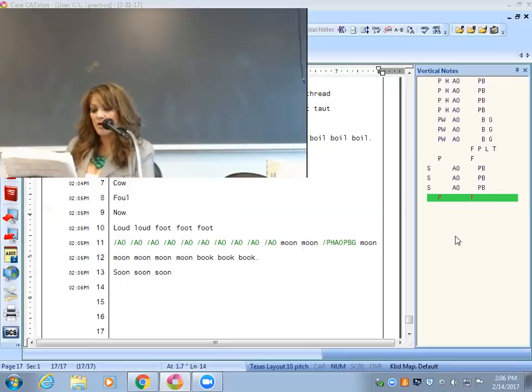Now has an N-O-W, so it's N-O-U, fowl, F-O-U, loud, L-O-U. So usually the rule of thumb is if there's an A-U, it's going to be in English spelled with an A-U or an A-W, and it's going to be A-U in steno. If it's got an O-U or O-W in English, then it's going to be O-U in steno. Okay, take advantage of the spelling.